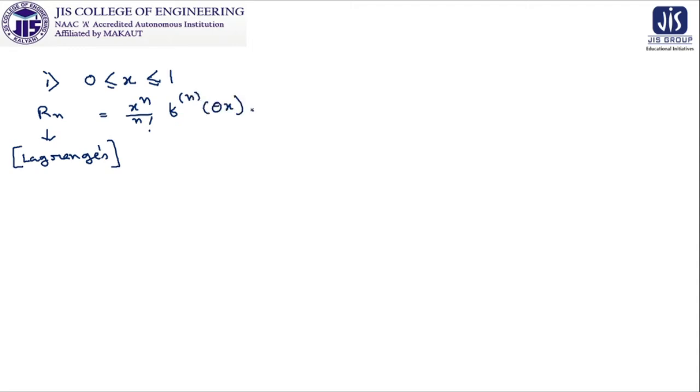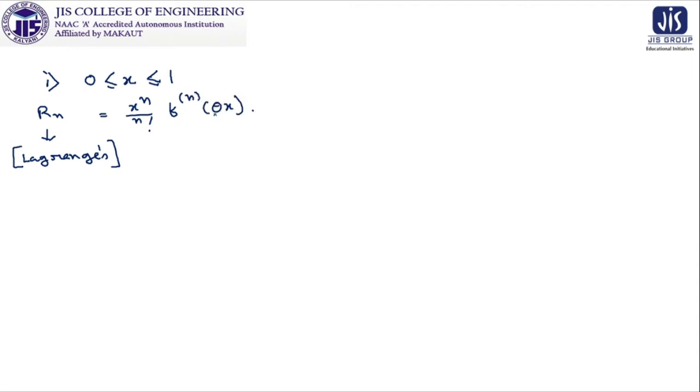Now in the first section we will consider the case 0 less than or equal to x less than or equal to 1, and we will choose here R_n as Lagrange's form of remainder. This is very important. Here R_n is x to the power n by n factorial times f^n(theta x).